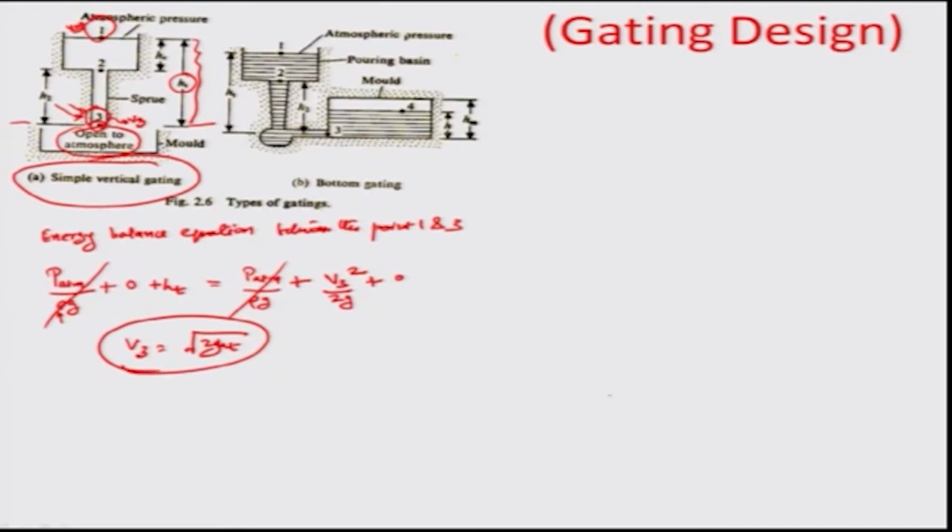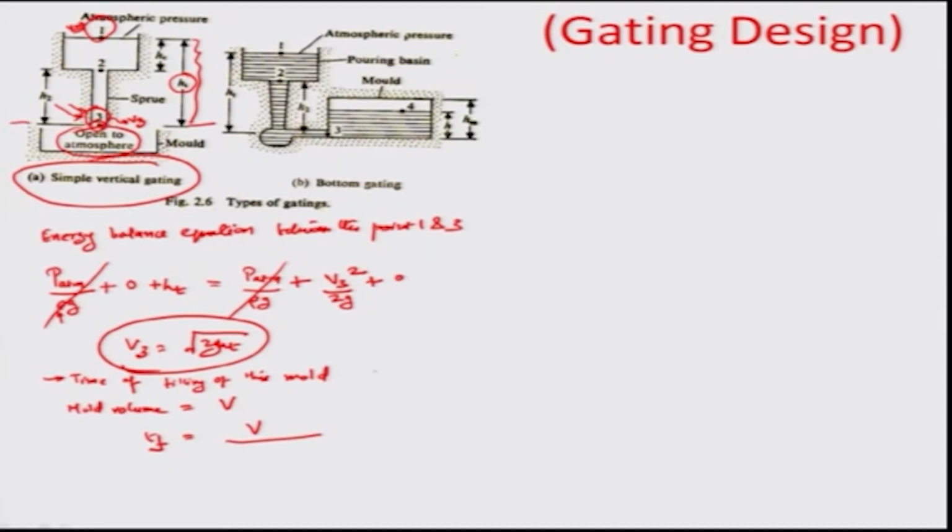So, let us now calculate the time of filling of this mold, assuming the velocity at 3 is V 3. If the mold volume that we are considering is V and T f is the time of filling, the T f would become equal to V divided by the gate area times the velocity.